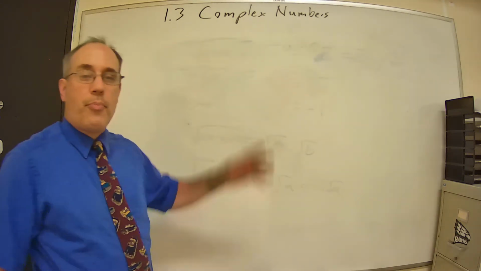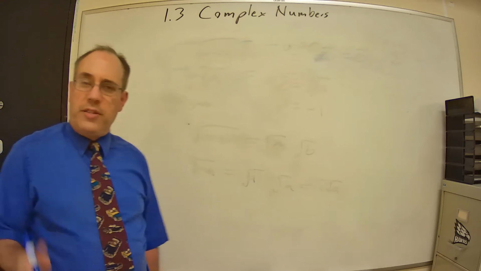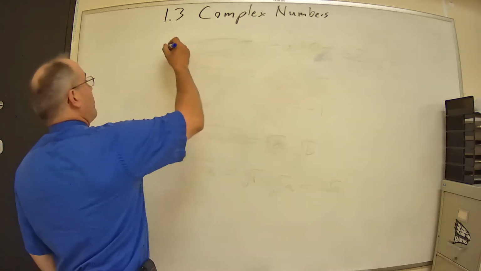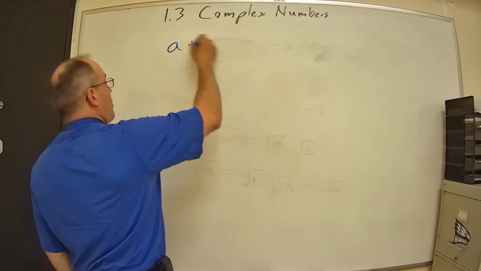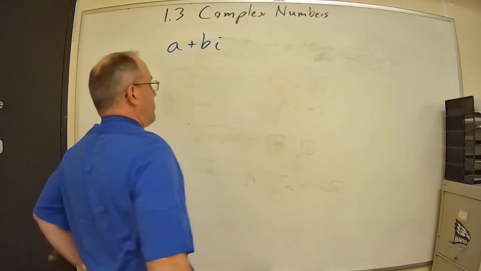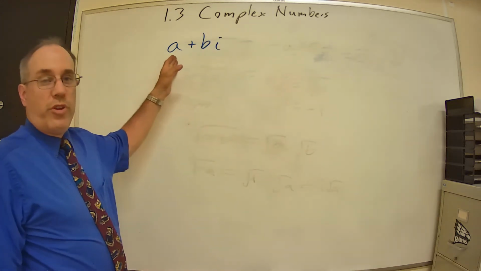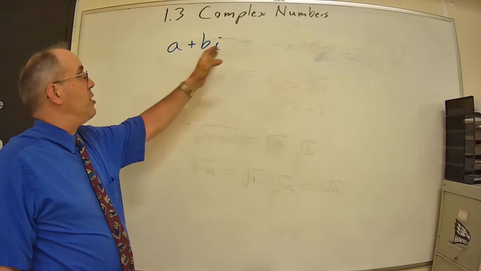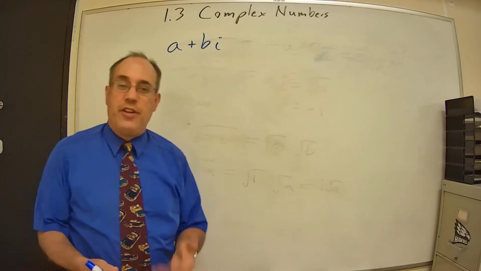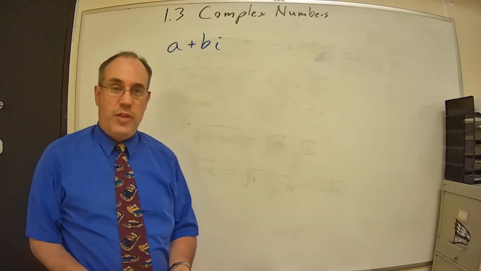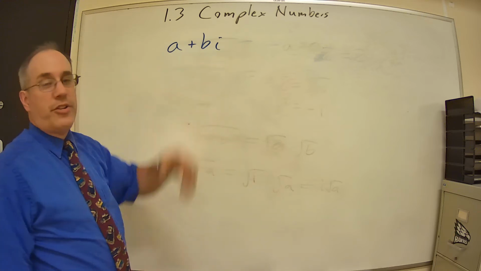So where do these complex numbers come in? Well, complex numbers are numbers that can be written in the form a plus bi, a being the real part, bi being the imaginary part. So you have a real part and an imaginary part.